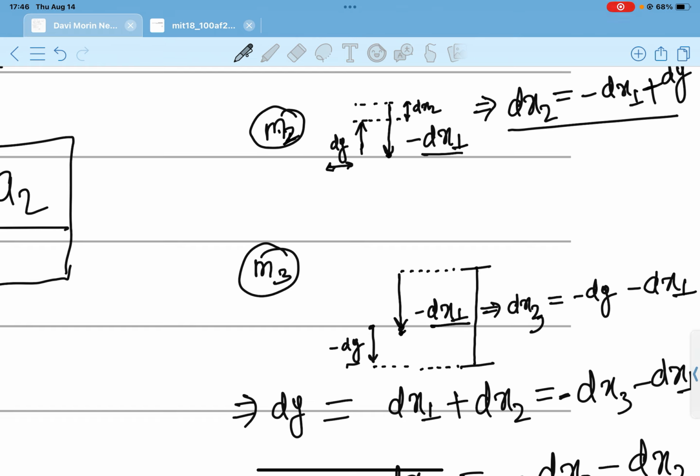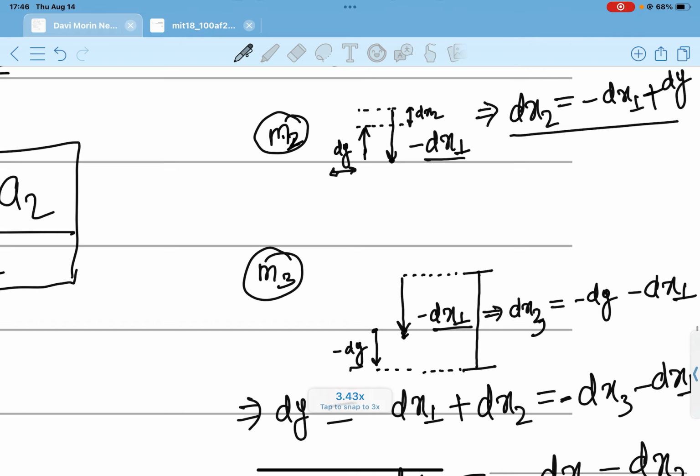So I have written it as minus dx1 to show the downward direction. We can think of it as the second pulley system as a whole moves dx1 distance, and by the difference in the masses of m2 and m3, they also move a certain distance up or down depending on their masses relative to each other.